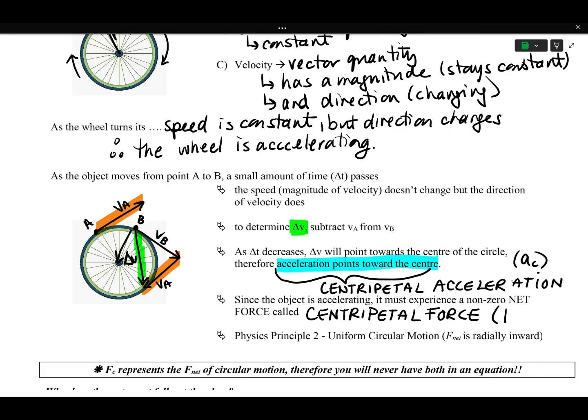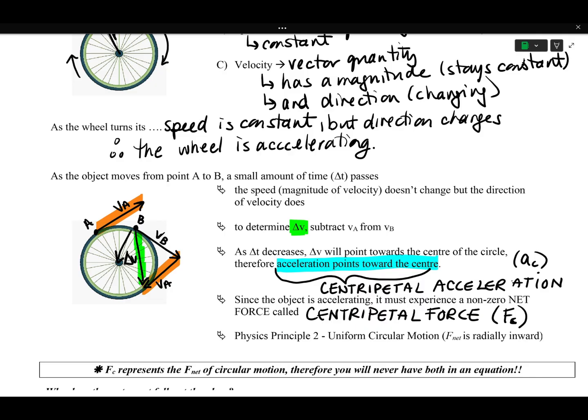We write this as F with a subscript c. So this centripetal force is the force that is keeping the object rotating around the center point. It is pulling the object to the center. The object wants to fly off tangentially, but the force is keeping it to the center.